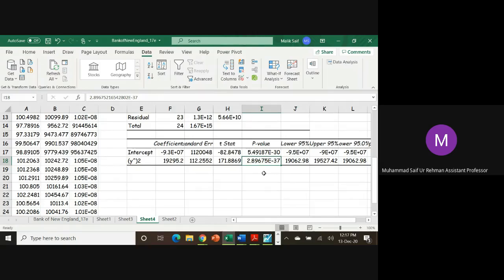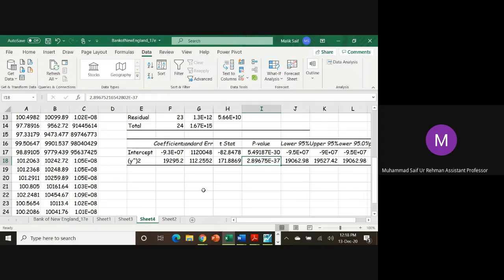It is so small. So small means you are going to reject H naught. What is H naught? There is no relationship between y hat square and ei square.